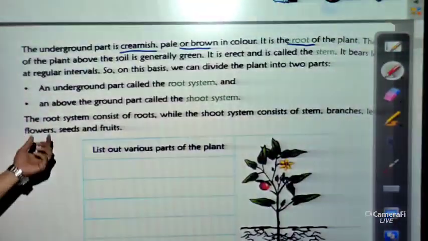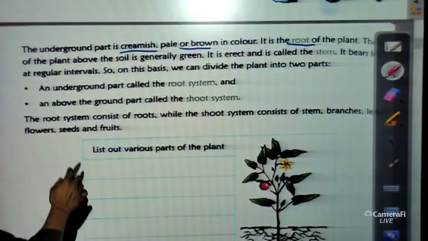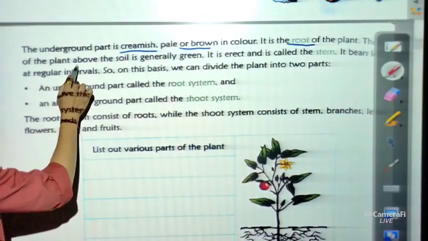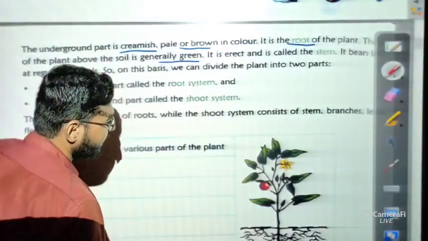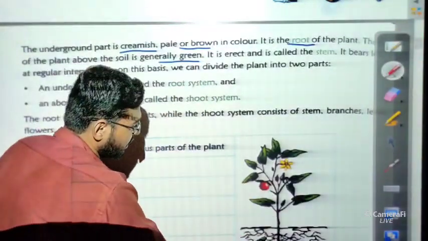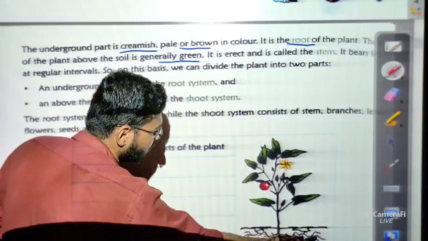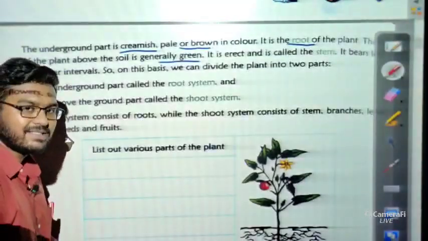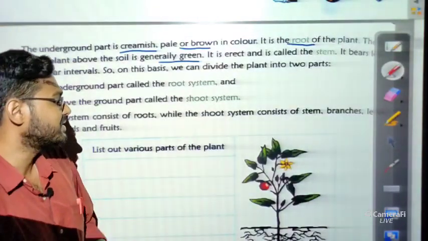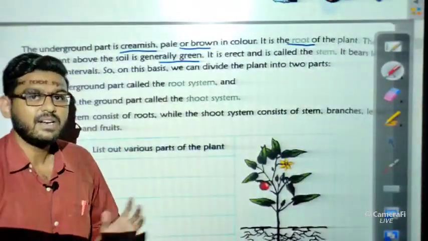The upper part of the plant, above the soil, is generally green. You can see the picture here. The lower part is brownish in color and the upper part is green, because all of us know that in most cases plants or leaves are green. Exceptions are there, but in about 90% of cases, plants or leaves are green in color.